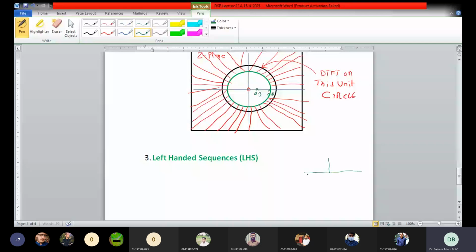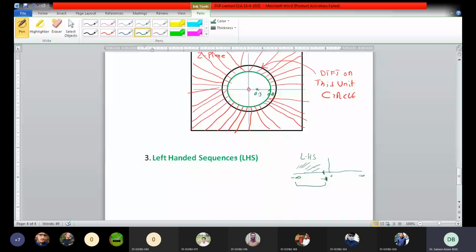If you go from minus infinity to -1, the left-handed sequence will run from here to here. Since right-handed sequences run from 0 to infinity, from minus infinity to -1, this area is known as the left-handed sequence because it is on the left side of the zero axis.